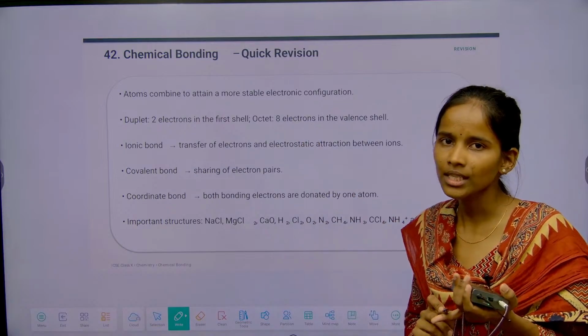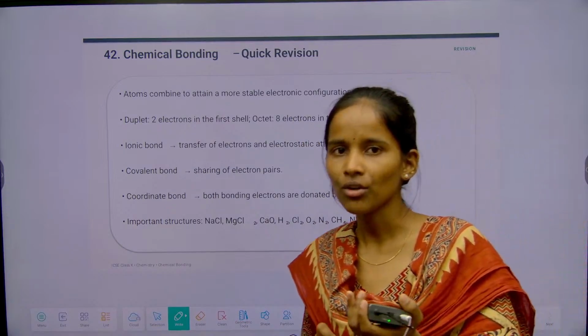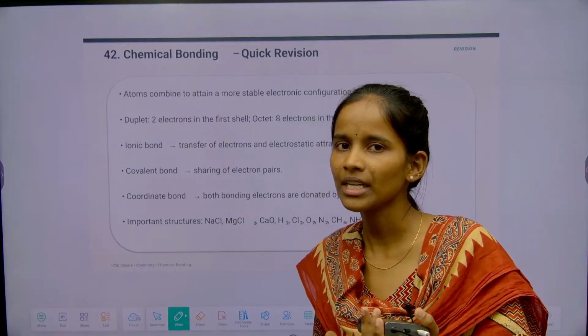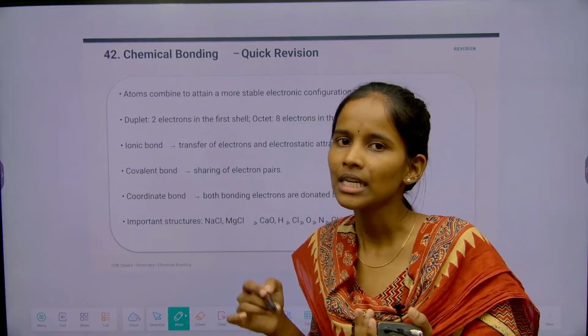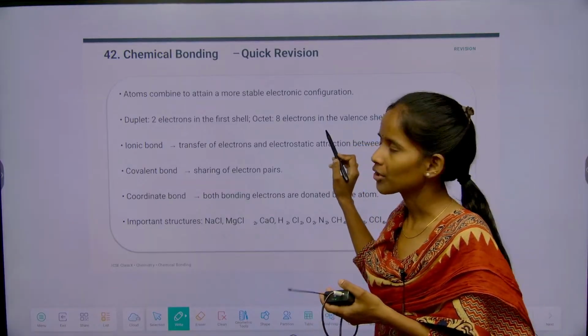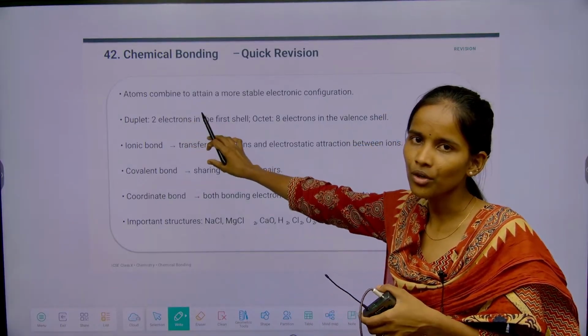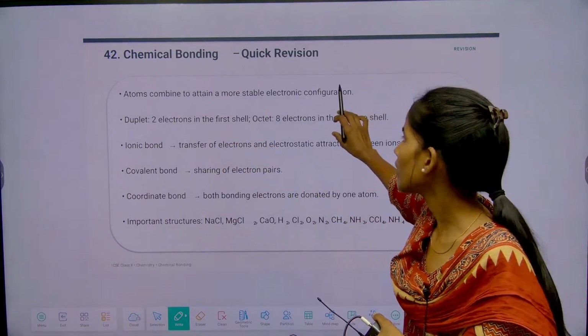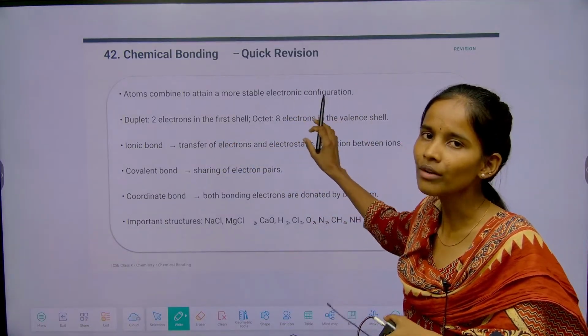Second, we discussed stable electronic configuration. If the outermost shell has 2 electrons or 8 electrons, then it will have stable electronic configuration. 2 electrons apply only for helium, and for the remaining we have to take 8 electrons. Octet rule we have to follow.